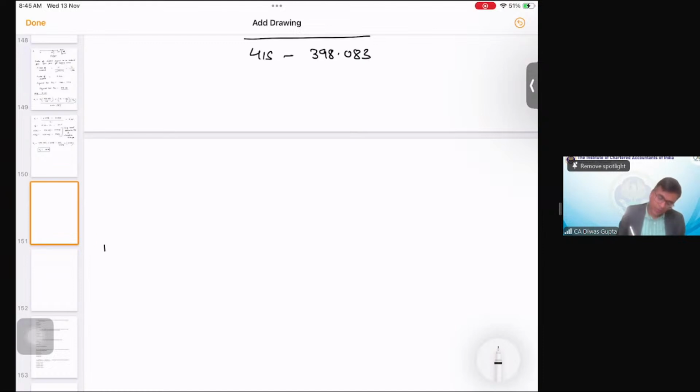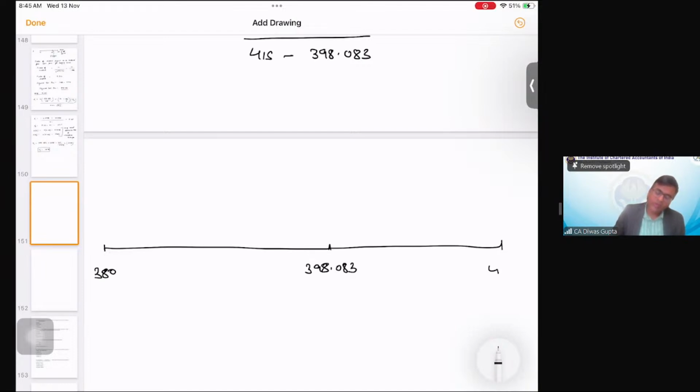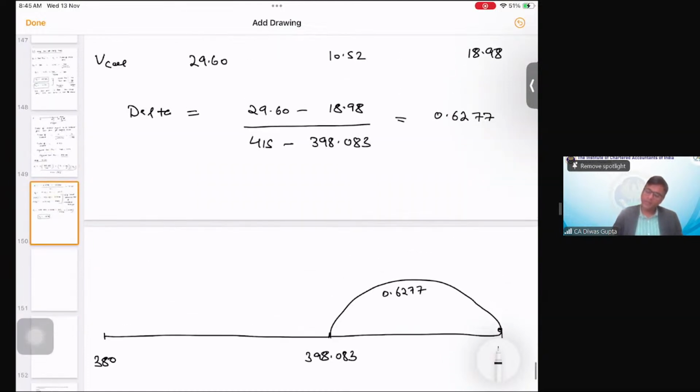So we said that there are three intervals: 380, then 398.083, and finally 415. There are three different spot prices available. From here to here, the delta is 0.6277, which we have calculated above.